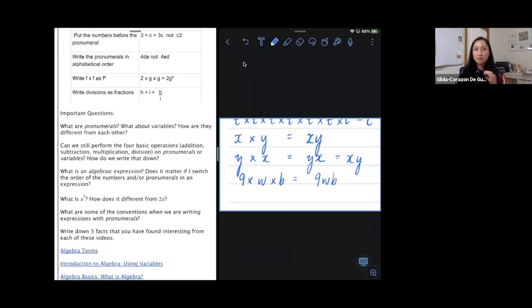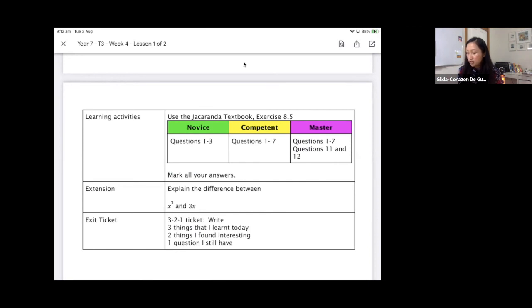So when it's a repeated addition, how are you going to write 2x? X plus x. So when you have x squared, it's x times x. When you have 2x, it's x plus x. There's an extension question there, similar to what we've already answered. So explain the difference between x cubed and 3x. Okay, how are you going to extend that?